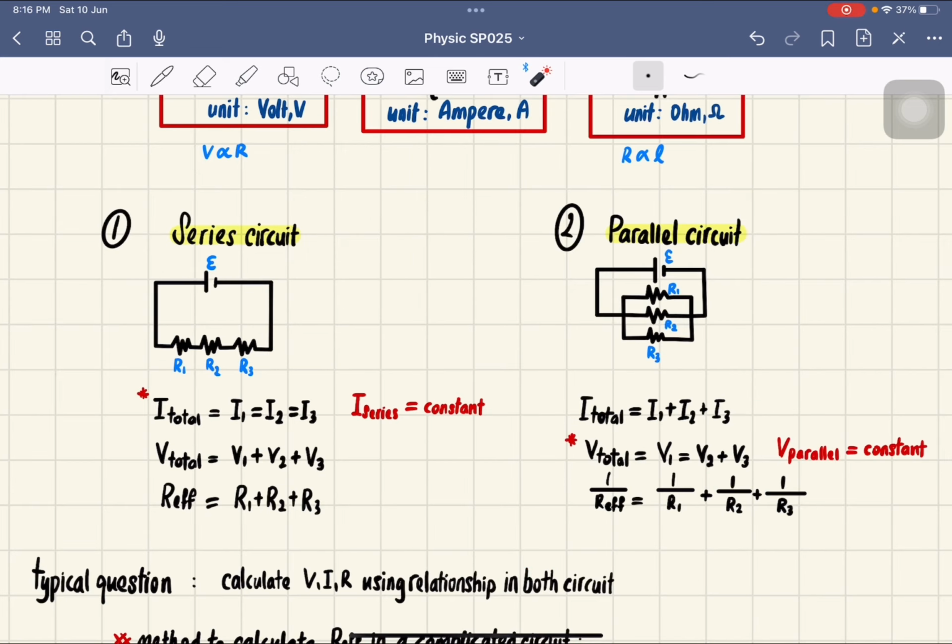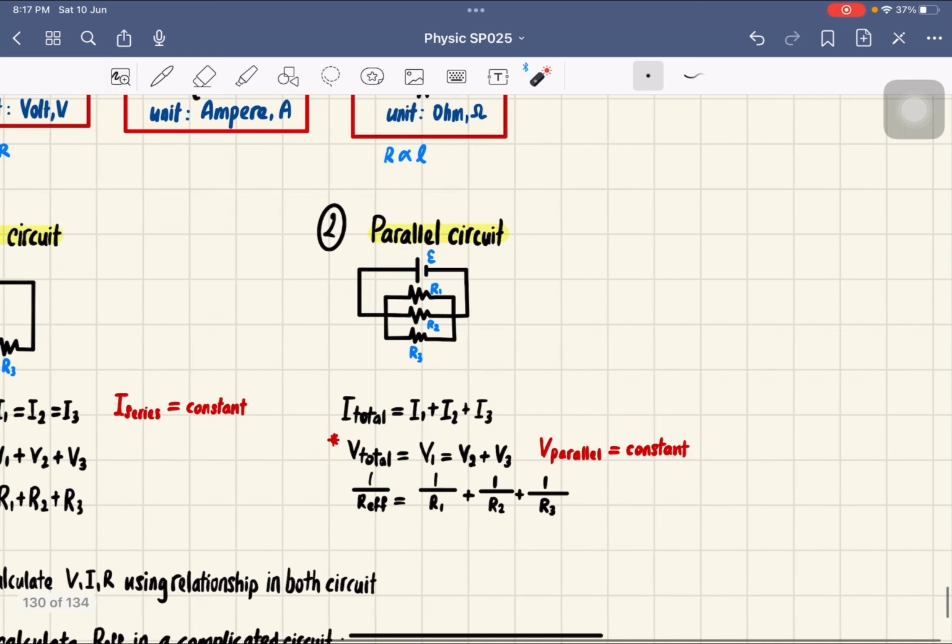So let us see the basic knowledge to compare series circuit and parallel circuit. First, the I total for the series circuit is always constant, which means I1 equals I2 equals I3. Then for the V total, V1 plus V2 plus V3 equals the V total. Subsequently, the R effective is equal to R1 plus R2 plus R3.